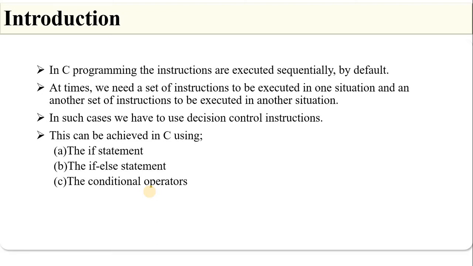This type of situation will arise while you are coding for certain tasks or applications. In such cases, you have to use decision control instructions or statements. This can be achieved using if statement, if else statement, or other conditional operators.